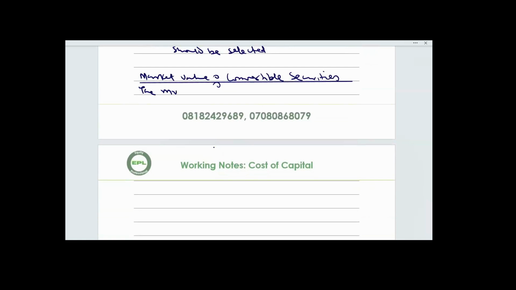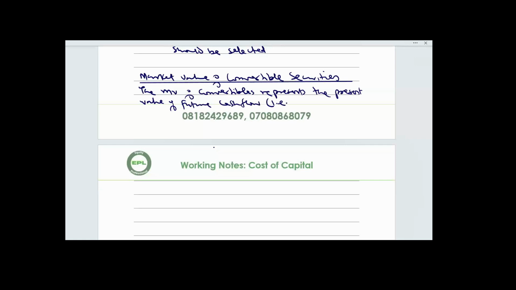The market value of convertible represents the present value of future cash flows. Let me rewrite that. Of future cash flows. What are the cash flows?